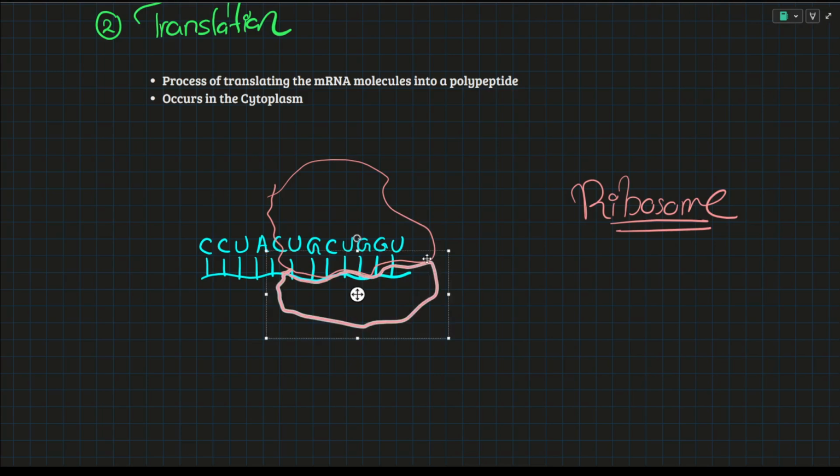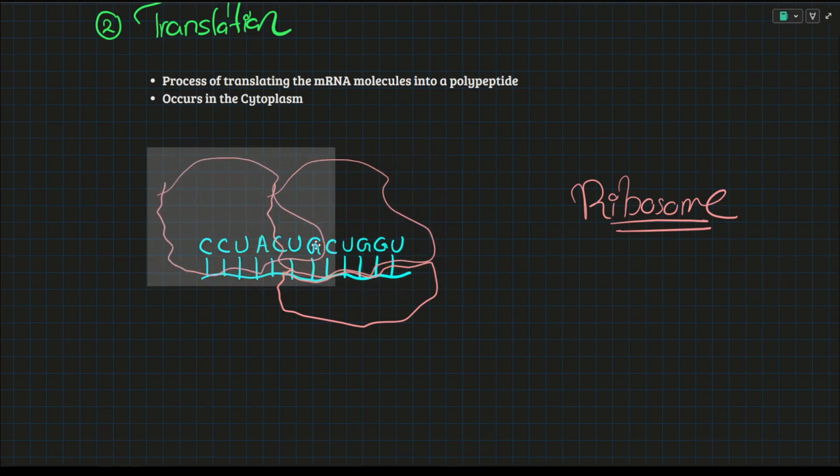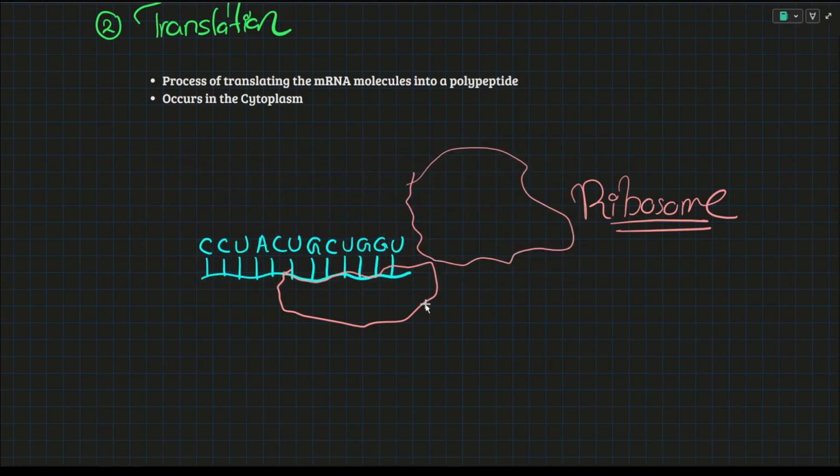So this is just going to read the mRNA template, and then it's going to translate it. So just to be clear, this happens in the cytoplasm and requires a special cellular organelle known as a ribosome.